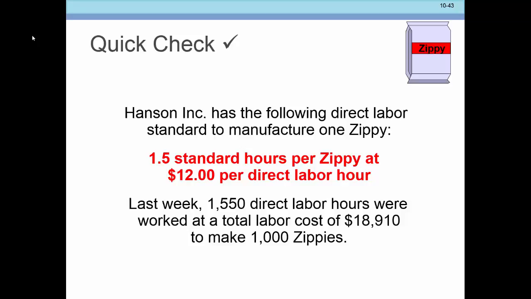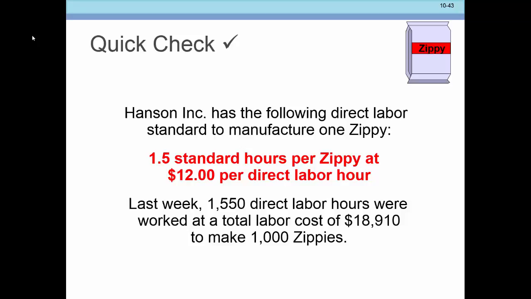So that's 1,500. So we should have used 1,500 hours, and we used 1,550, right? Yeah. So we've got a negative 50 times the $12 standard price. That gives me what? Negative 600. Good. Which is unfavorable.